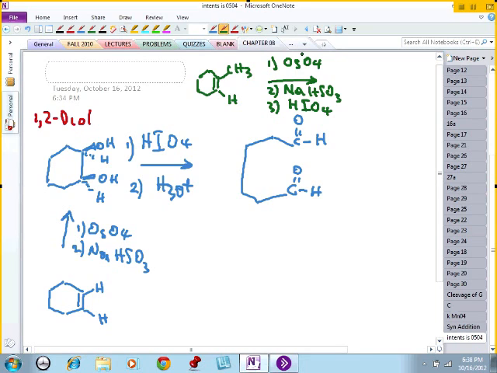Do you think so? Keep in mind the iodic acid will cleave to give you the aldehyde whenever you have a hydrogen attached to this carbon here. And if you do not have hydrogen attached to that carbon, it becomes the carbonyl of a ketone. Very similar to what you get with ozonolysis. Okay? So in this case, you get this product here.